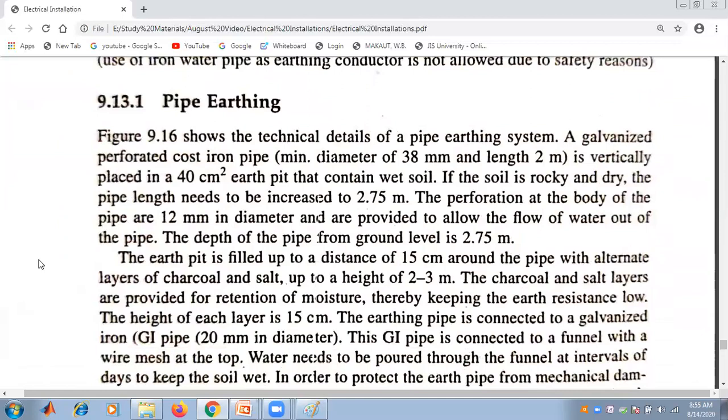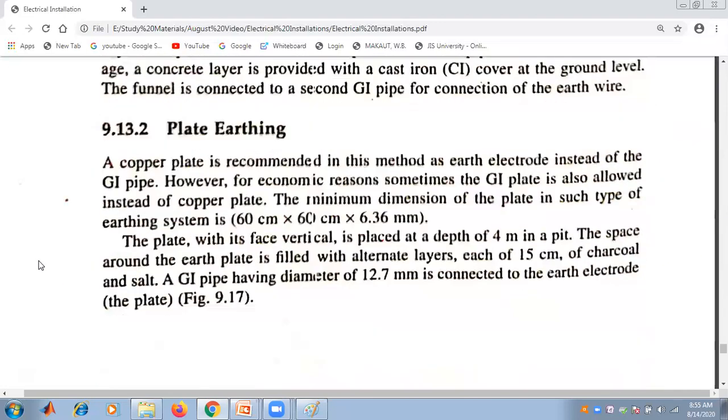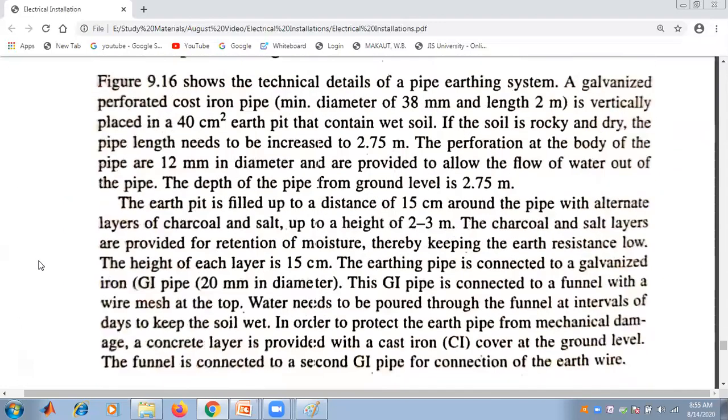a galvanized perforated cast iron pipe, with a minimum diameter of 38 millimeter and a length of 2 meter, is vertically placed in a 40 centimeter square earth pit that contains wet soil.